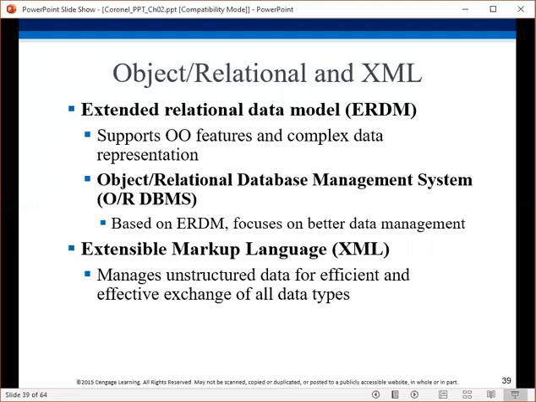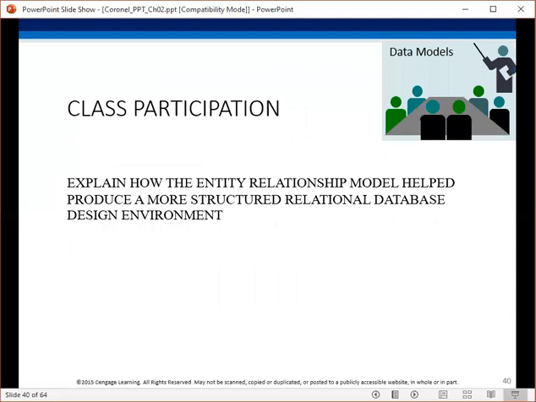Most databases do implement XML, and now they have kind of switched that into JSON, JavaScript object notation, which is a way of transmitting data. And JSON is much more efficient than XML. But it's just a way of transmitting the data from one location to another.